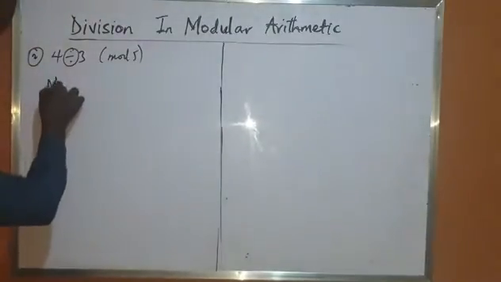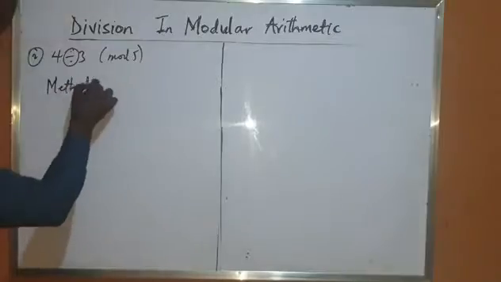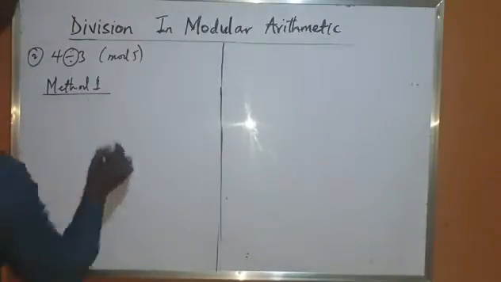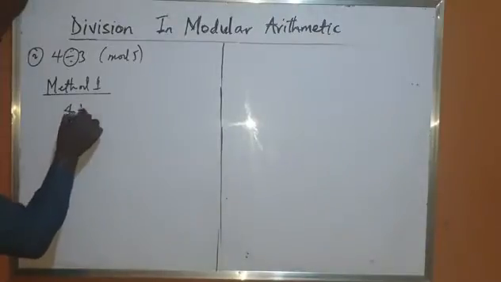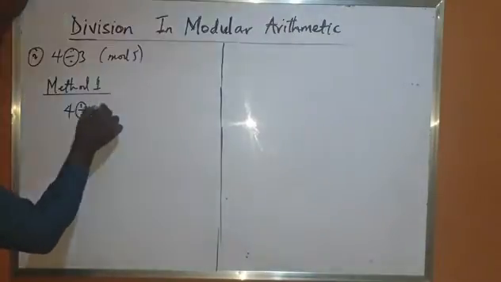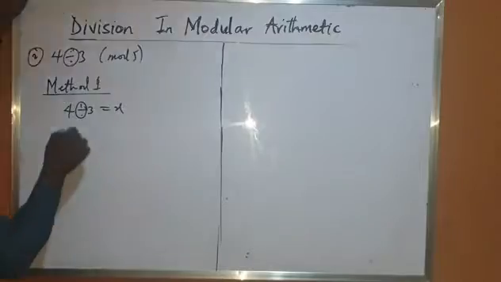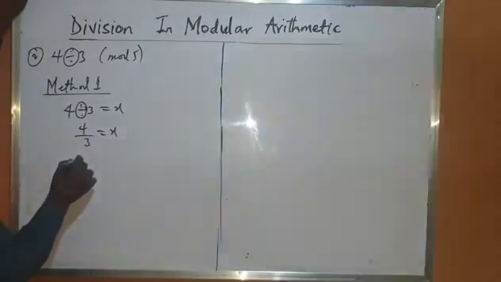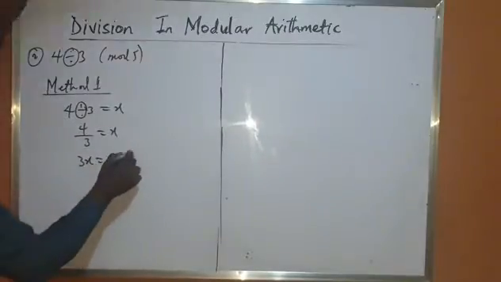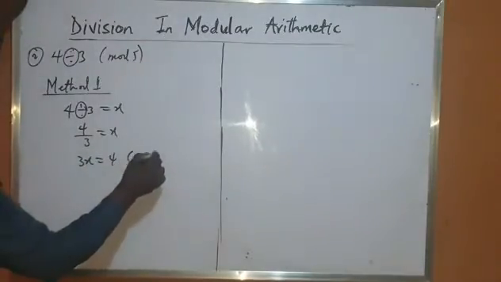Method 1. So let's see how we're going to do this. That will be 4 divided by 3. Let it be equal to x. So that means 4 divided by 3 equals x. That is 3x equals what? 4 in mod 5.